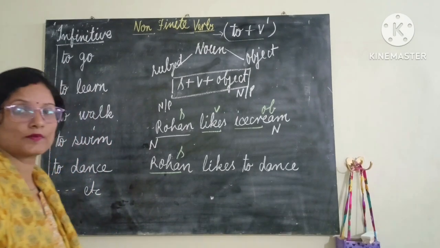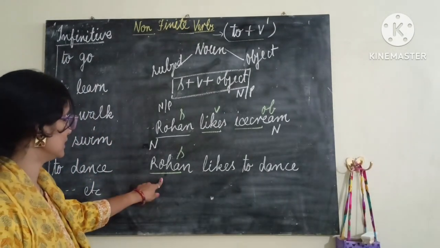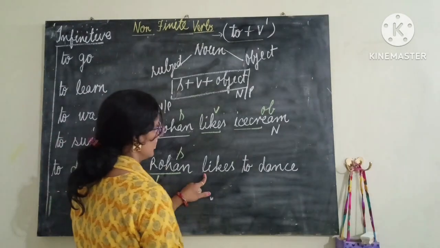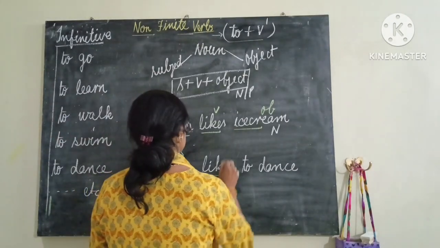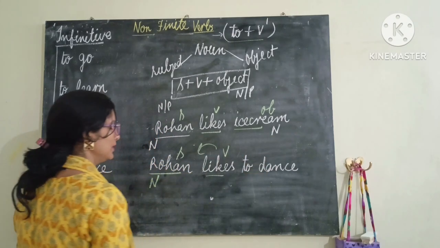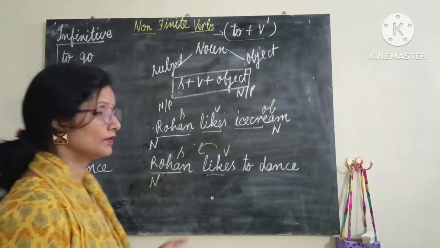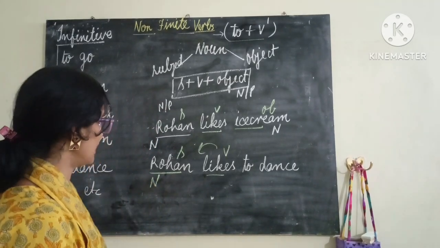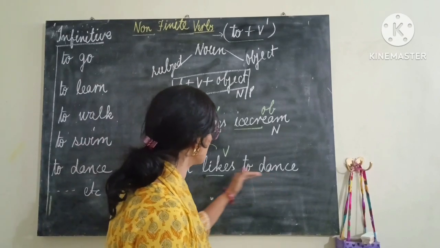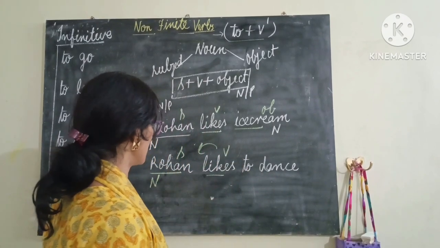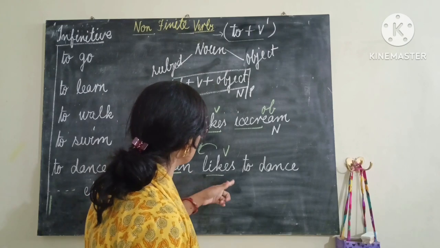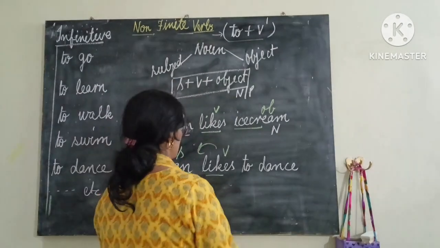You know, children, a subject is always a noun or pronoun. So what is Rohan here? This is a noun. Likes, this is the verb. Before the verb, subject, and after the verb, if the verb is transitive, there is an object. But here, let's see. Rohan likes. Now, ask a question to know whether the next word is an object or something else. Rohan likes what? What does Rohan like? The answer comes: to dance. This is the answer.